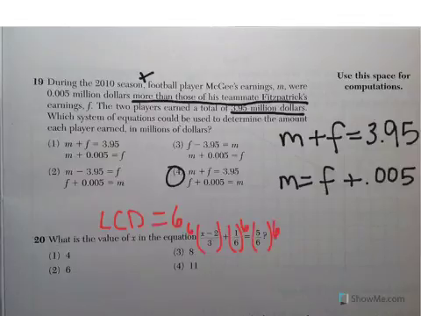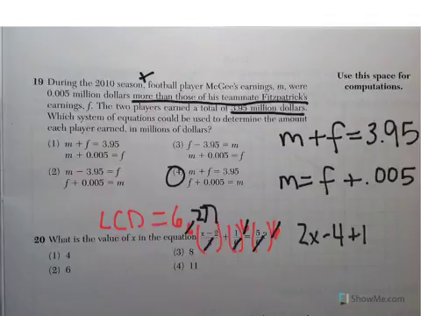When we do this, 6 cancels out with 3 because 6 divided by 3 is 2. So we're left with a 2. 6 divided by 6 is 1, so those cancel. 6 divided by 6 is 1, so those cancel. So we can't forget to distribute this 2 to everything inside the parentheses. So we'll end up with 2x minus 4 plus 1 equals 5.